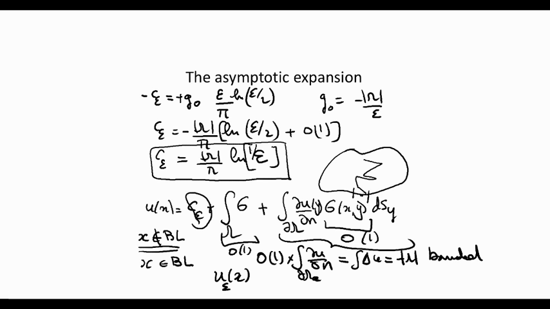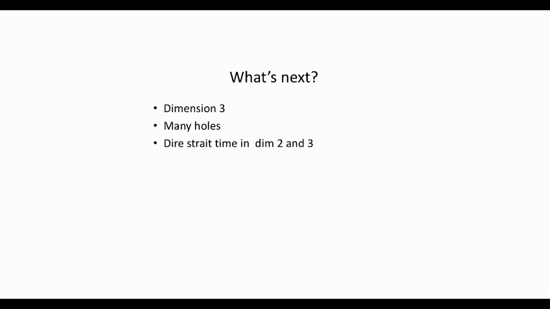All right, so I wanted to show this calculation in these 2 classes. I think it's very informative and gives ideas of how things can be done using the Green's function. So we are done now with this asymptotic expansion. In the next class I will discuss the difference in dimension 3.